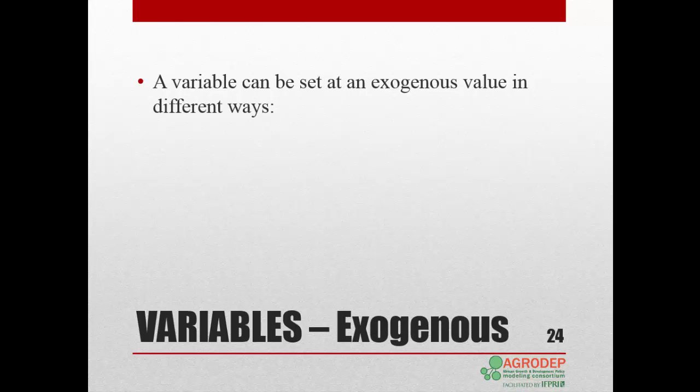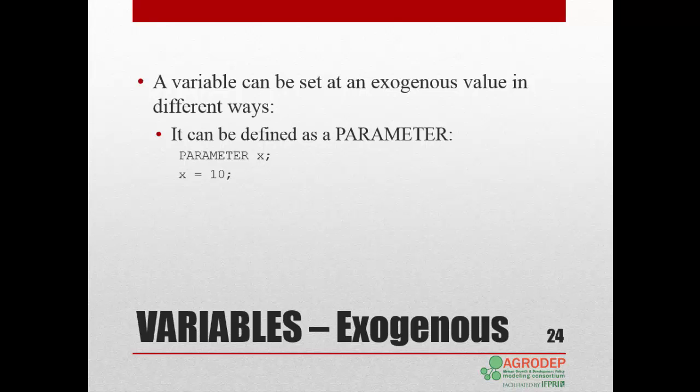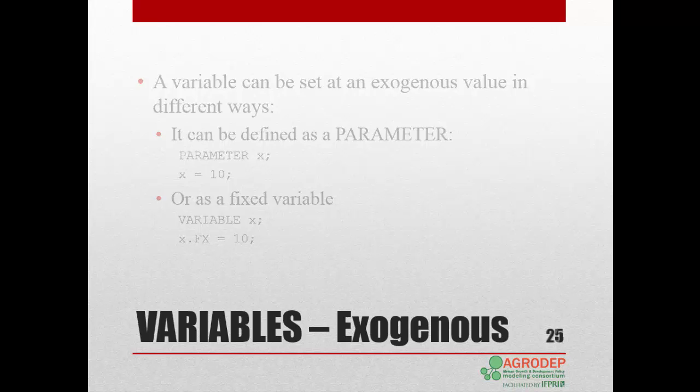A variable can be set as exogenous in different ways. You can define the variable as a parameter and assign a value. For example, we define the parameter x and assign the value 10 to it. Or you can define it as a variable and fix the variable. For example, we define the variable x and fix the variable to 10 using the suffix .fx.